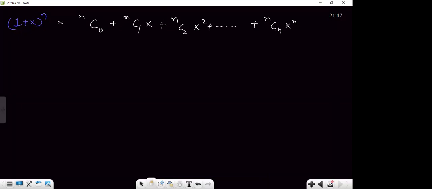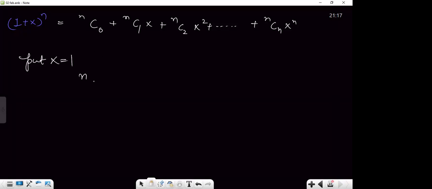If we have to find out the sum of all the binomial coefficients, then we can simply put x equals 1 in the expansion of 1 plus x raised to power n.